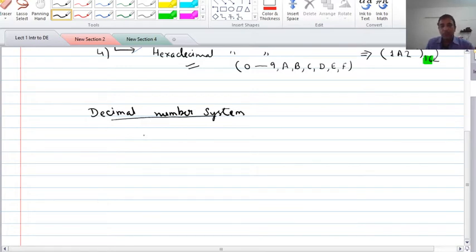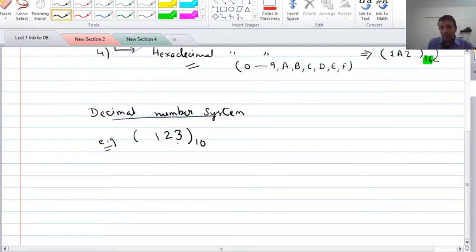If a number is represented in the decimal number system, then you can write an example like 1, 2, 3, that is 123 with base 10.